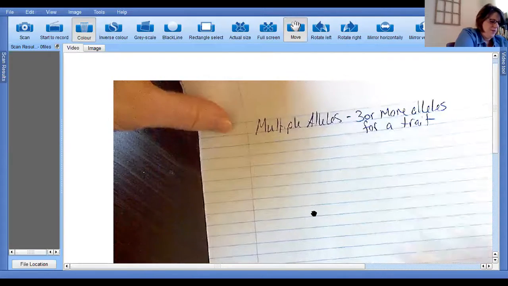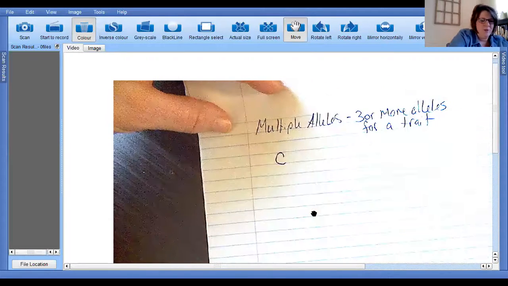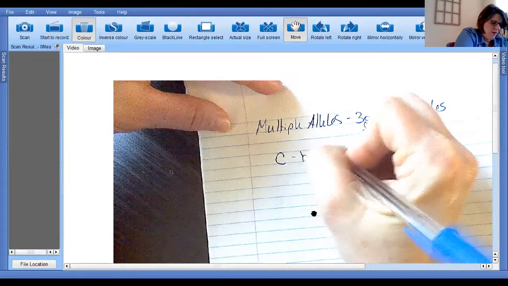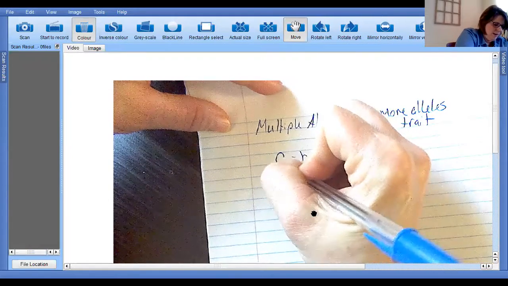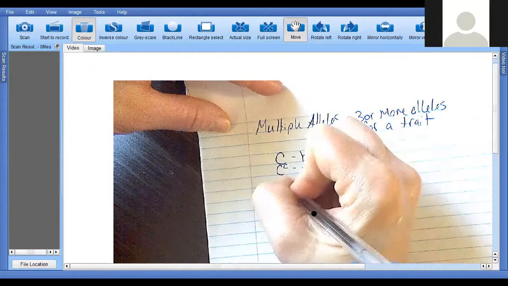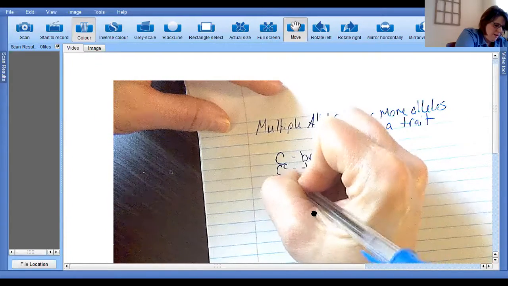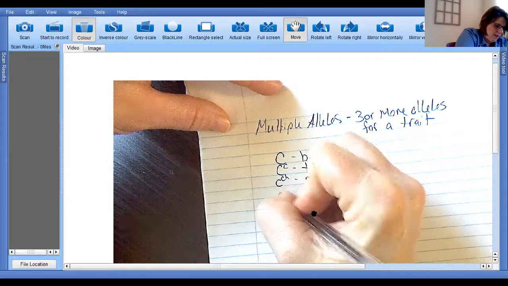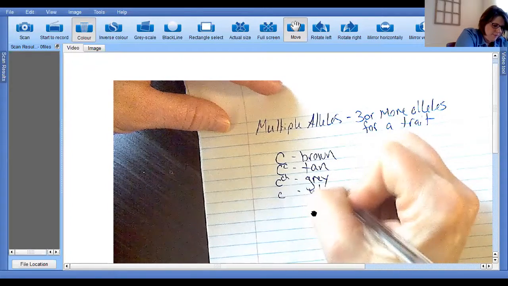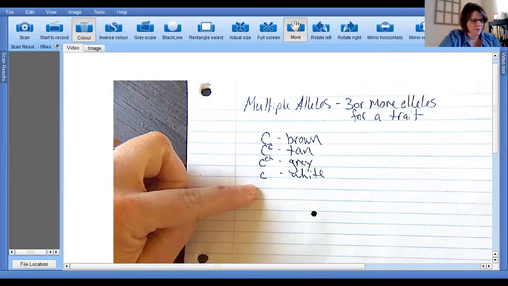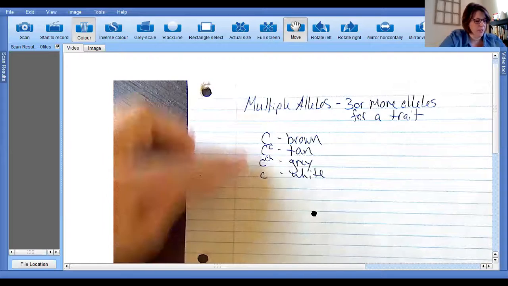Okay, so we're going to use C, so they can be brown, or they can be tan, or they can be gray, or they can be white. Okay, so instead of just two versions, we have four different versions here. So three or more, so this is an example of multiple alleles.